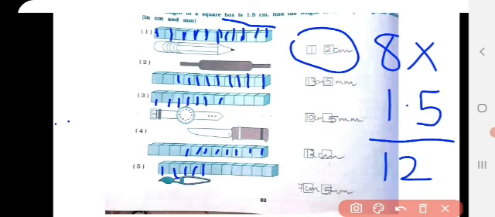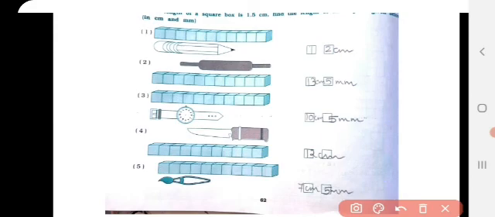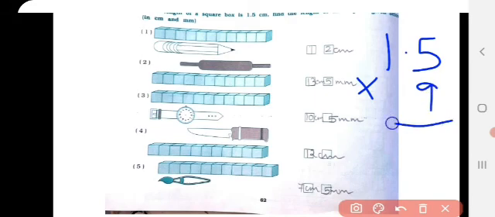But right now I just want to show you one thing here. For example, if I multiply 1.5 by 9. Okay, children. Now you know, first, 9 5s are 45. So I write 5 here, 4 will be carry. 9 1s are 9 plus 4, 13.